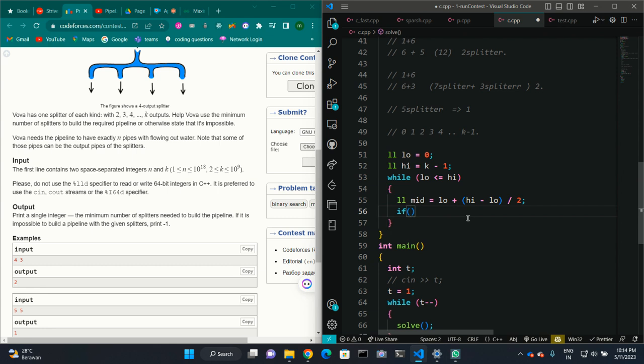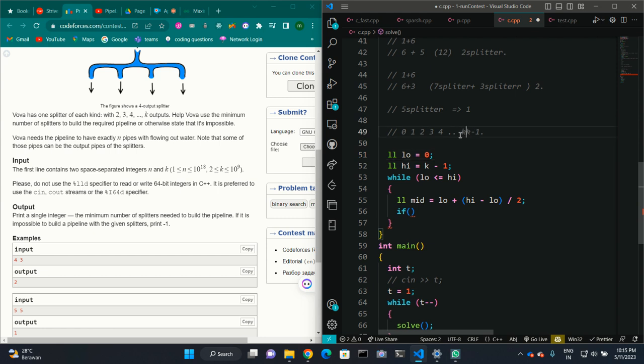I want to check if zero number of splitters makes my answer. So if you're telling zero number of splitters, then first find it from backwards. I mean, one splitter, K minus one.